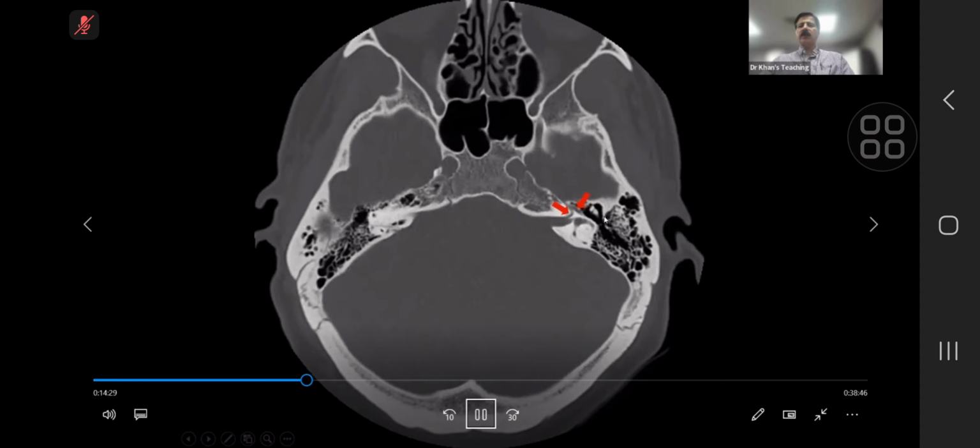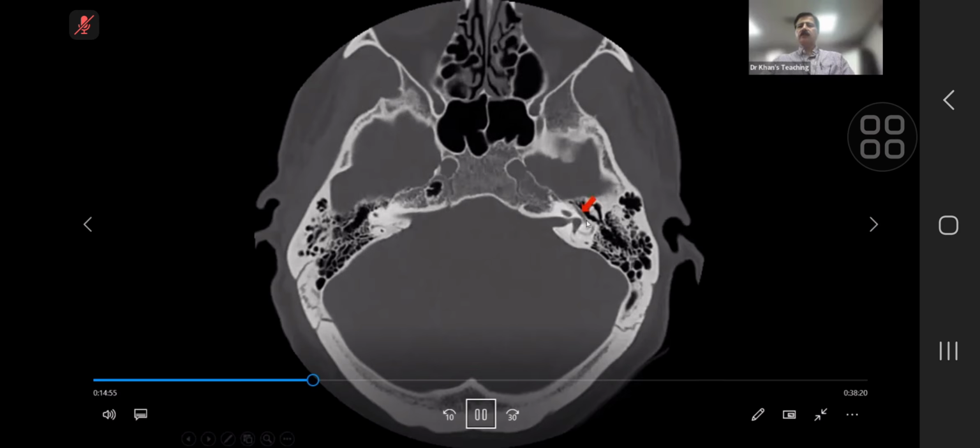This is what we call the epitympanum, and you can see this hourglass appearance. This is known as the aditus ad antrum. This is the epitympanum, this is the aditus ad antrum, and this is the mastoid antrum. And these are the mastoid cells. So coming back to the landmark, this is the lateral semicircular canal.